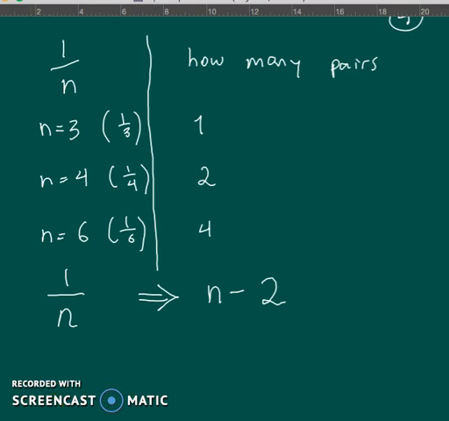So you can go ahead and explore that. See if you find out, try out some more fractions with higher denominators and see if that holds true, and think about why that might be the case.